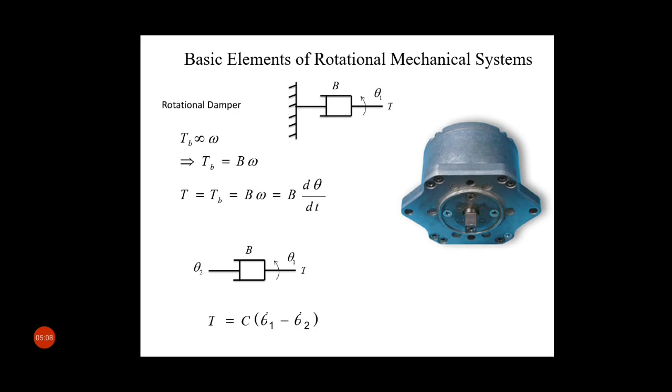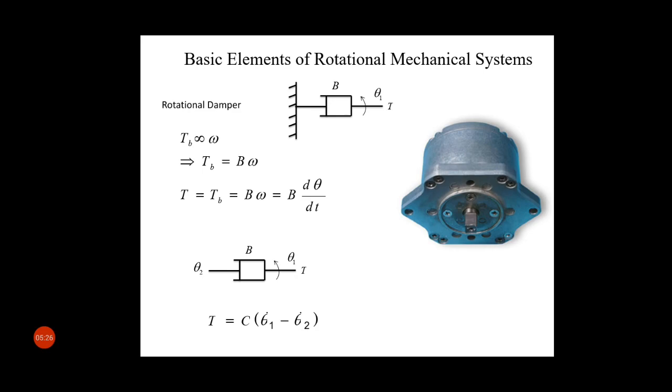If both ends of the dashpot are not fixed, as shown in the figure below, then the angular velocity is measured at both ends of the dashpot.